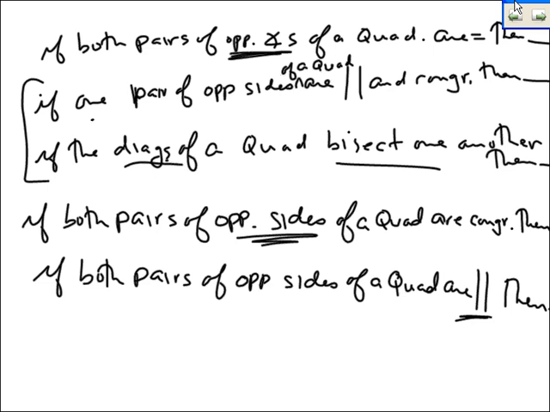If one pair of opposite sides are parallel and the same length, then you have a parallelogram. So what we're going to do is prove, given some information about a quadrilateral, that, in fact, it is a parallelogram.